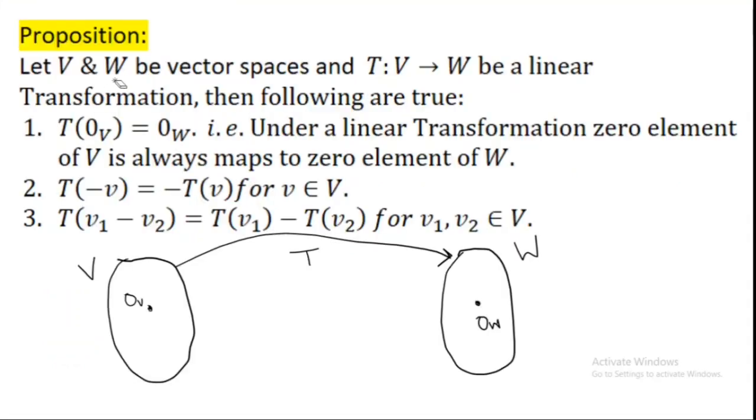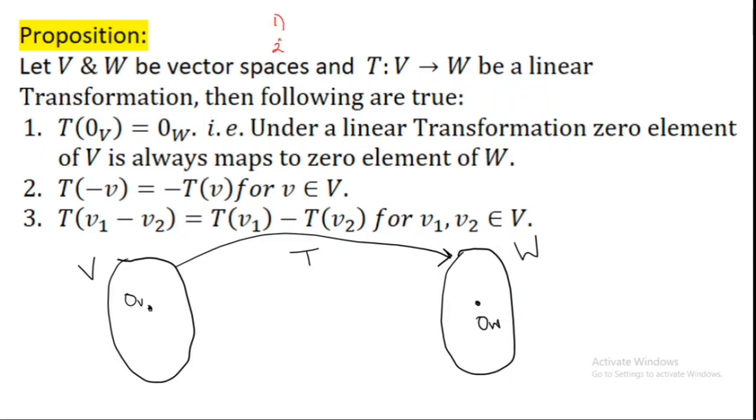Now we are going to see one important proposition. Proof of this we have already seen in the first year class. So let V and W be vector spaces and T from V to W be a linear transformation, then following are true. Now what do you mean by linear transformation? Simply I will mention here.